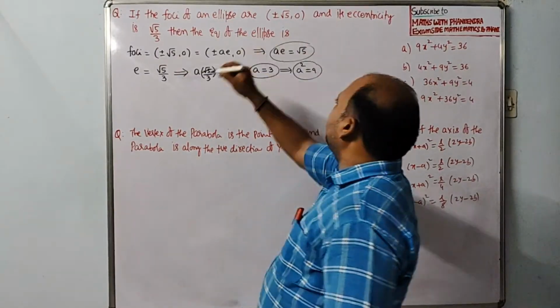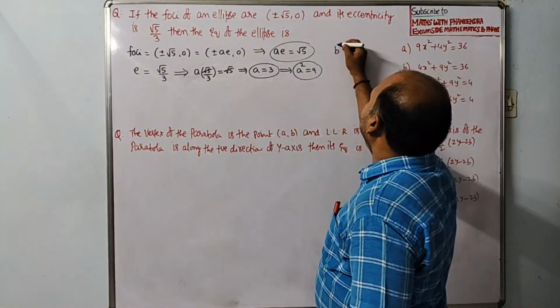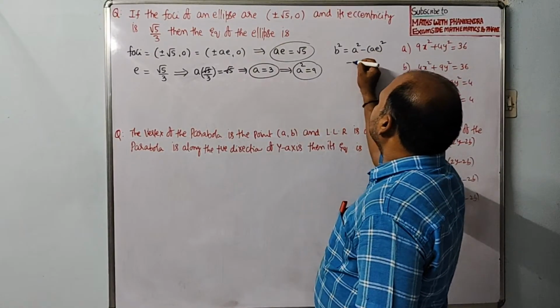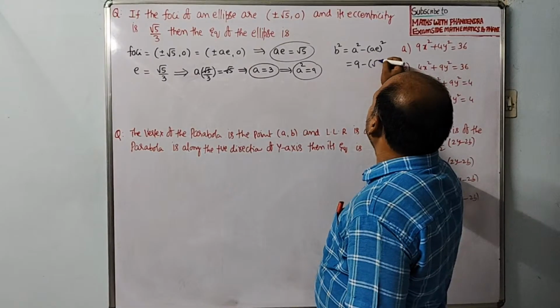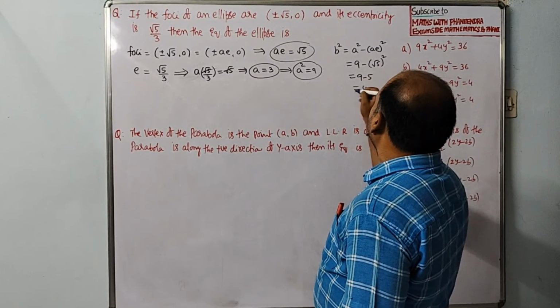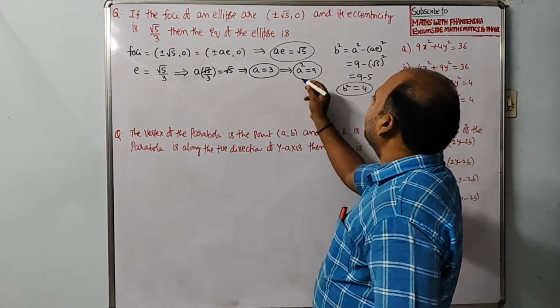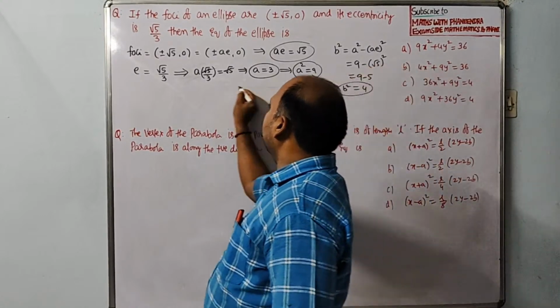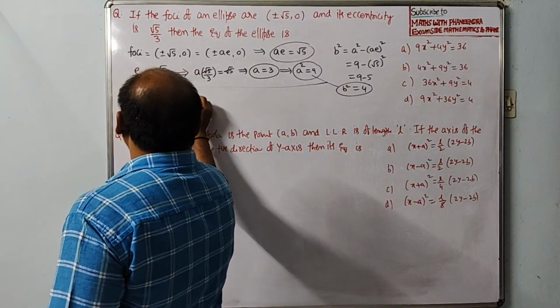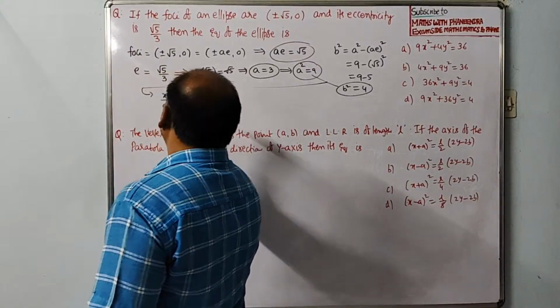A square and AE, we have the formula. B square equal to a square minus AE whole square. So a square means 9 minus root 5 whole square, which is equal to 9 minus 5, which is equal to 4. So b square value 4, a square value 9. Then the standard equation of ellipse, x square by a square plus y square by b square equal to 1.